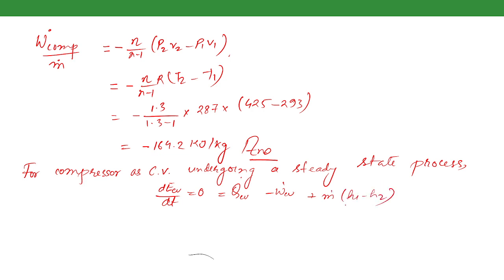Here, m dot (h1 minus h2) is the change in enthalpy from the inlet to the exit of the compressor.